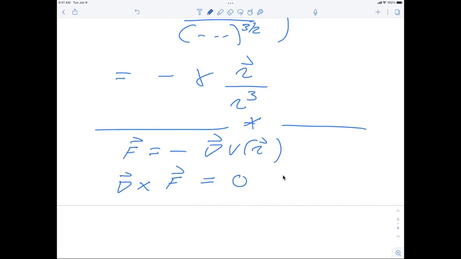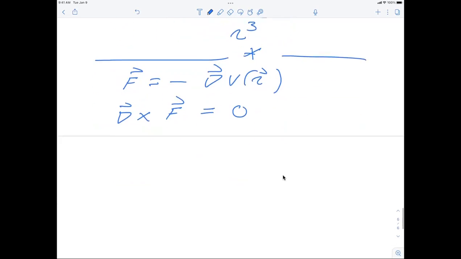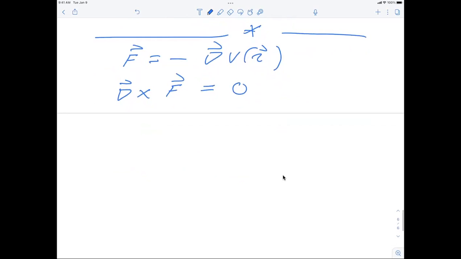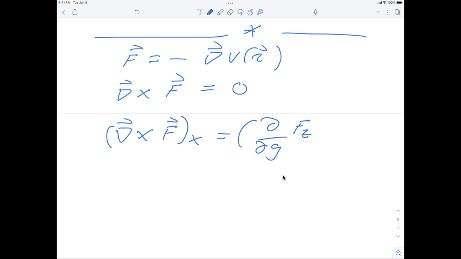So that means that when you take the curl, just to remind you of that before we jump onto the exercises, if you look at the curl in the x direction, this is simply equal to d dy of the force in the z direction, minus d dz of fy, and this is multiplied with the unit vector in the x direction.